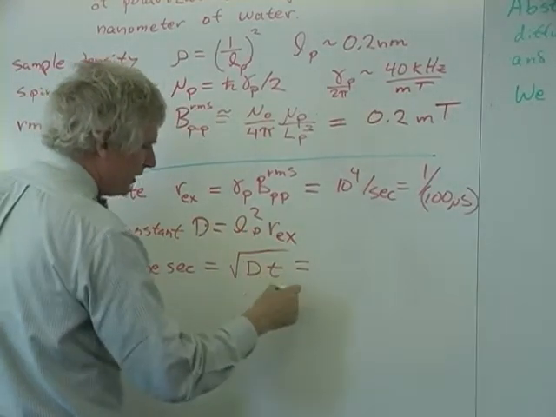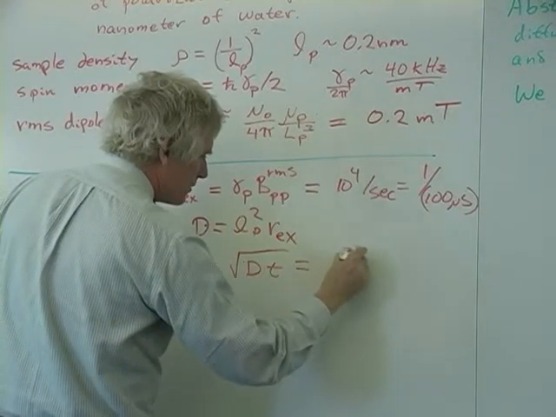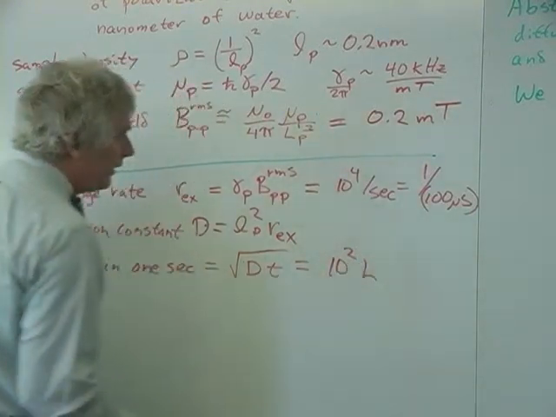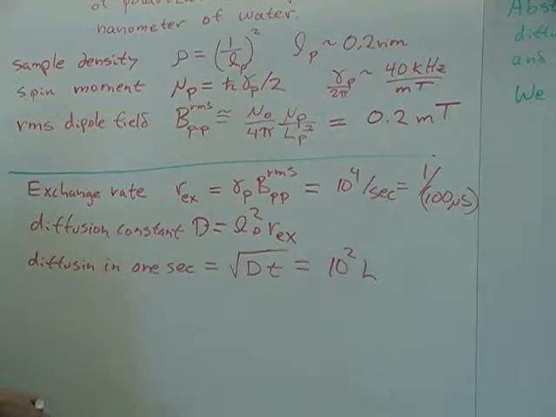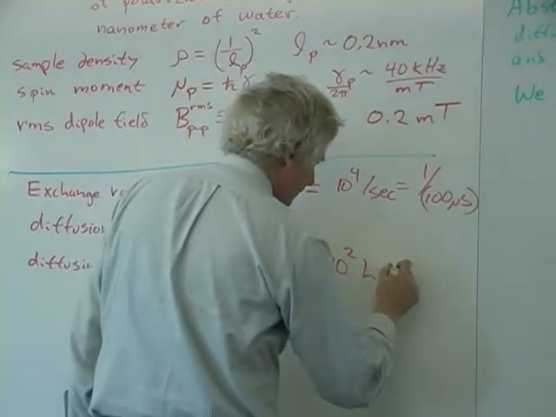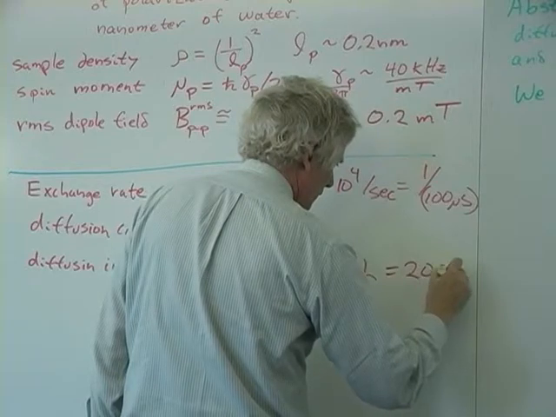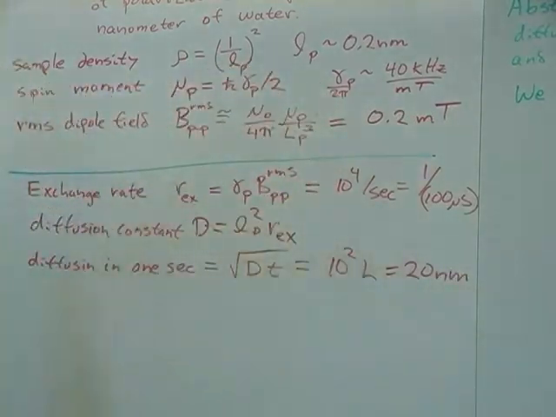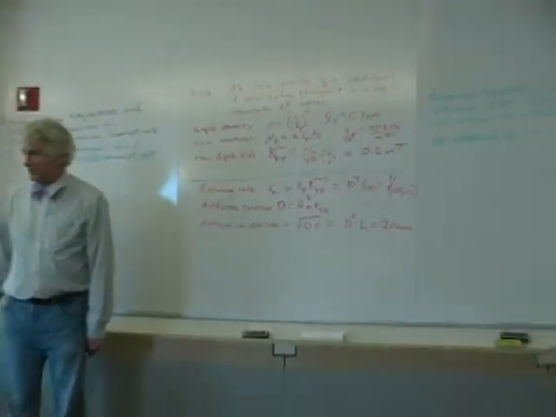The square root is 10 to the 2, so this is going to be 10 to the 2 L. L is around 0.2 nanometers, so in 1 second it's going to diffuse around 100 times 0.2, 20 nanometers. So that's how far nuclear spins will diffuse.